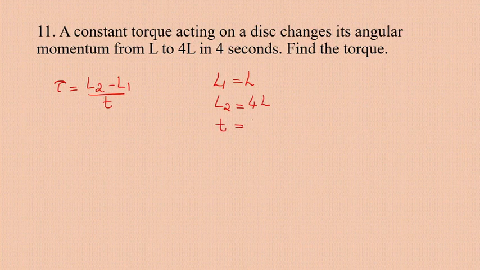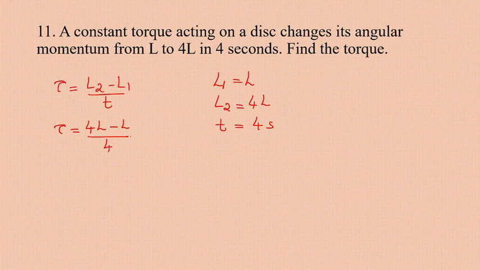The time is 4 seconds. So the torque tau is equal to 4L minus L divided by 4. That is tau is equal to 3 by 4 L. That is the answer.